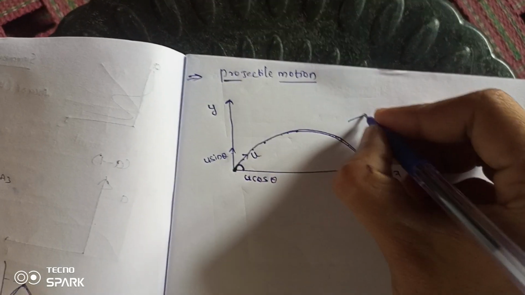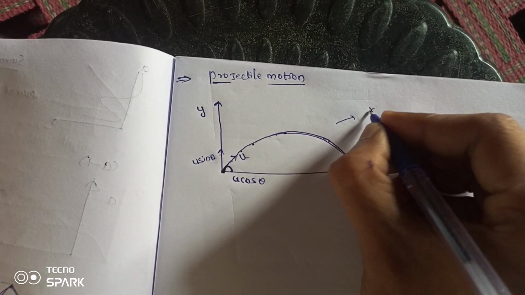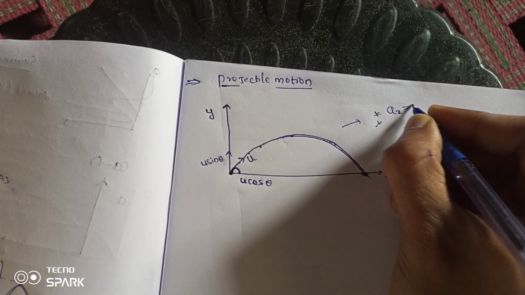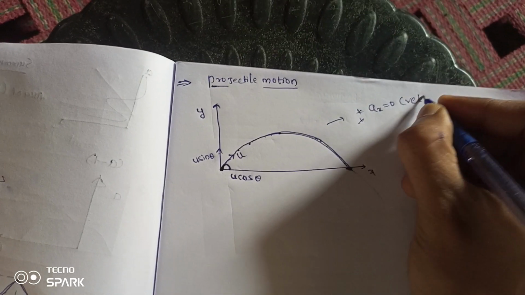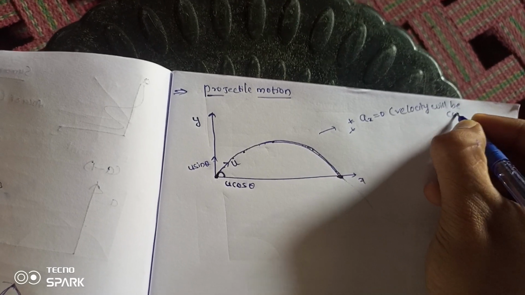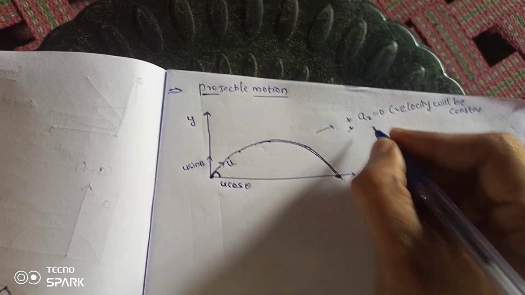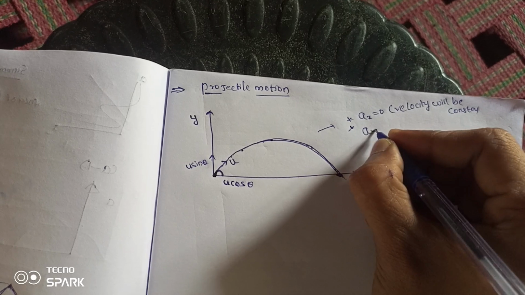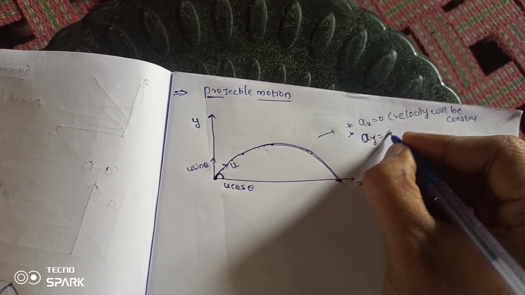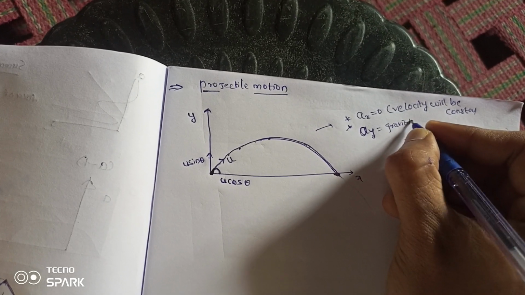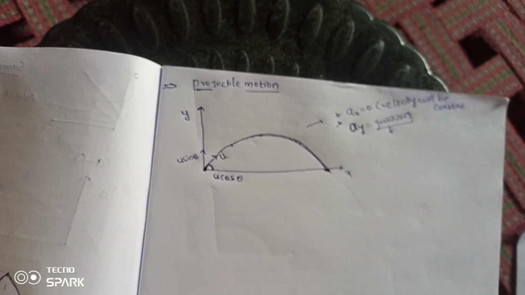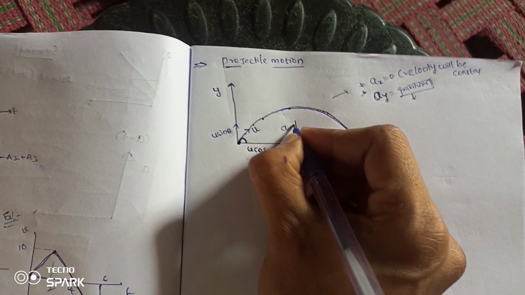And in this projectile, two things are most important. Acceleration on the x-axis is equal to 0, that is, velocity will be constant, not change. And ay, acceleration on the y-axis, is gravitation. Usually in gravitation questions, whatever else, ay.